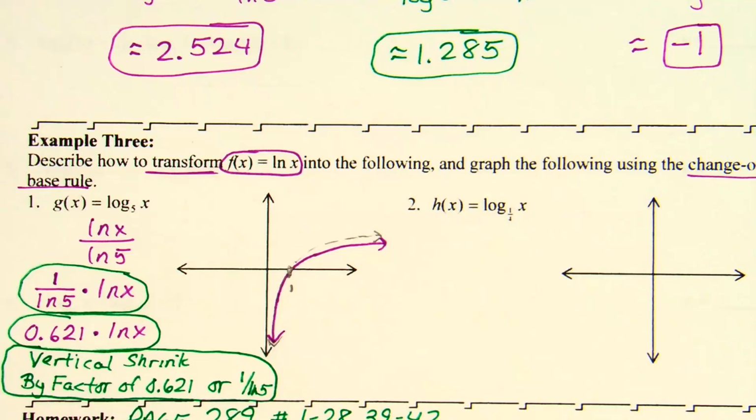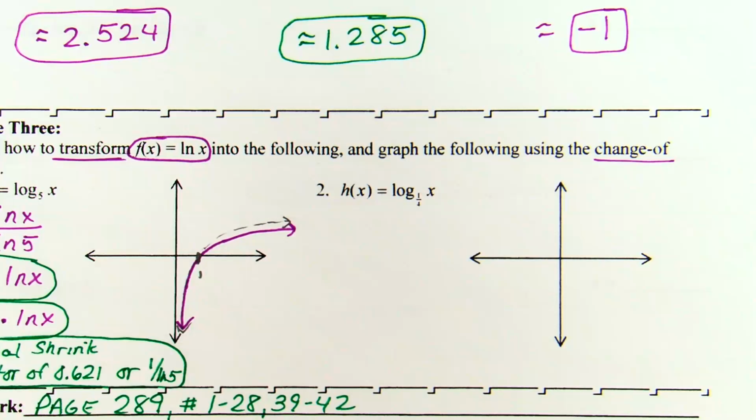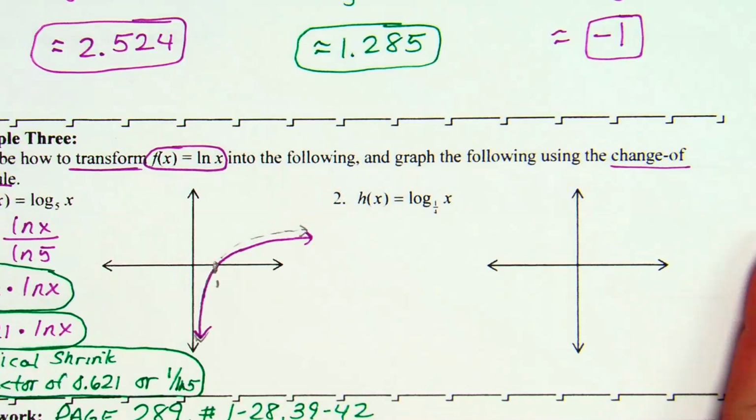Okay, let's do number 2 real quick. H of x equals log, what is that, 1/4? Base 1/4 of x. Follow the technique we used last problem. First of all, how can I rewrite this?